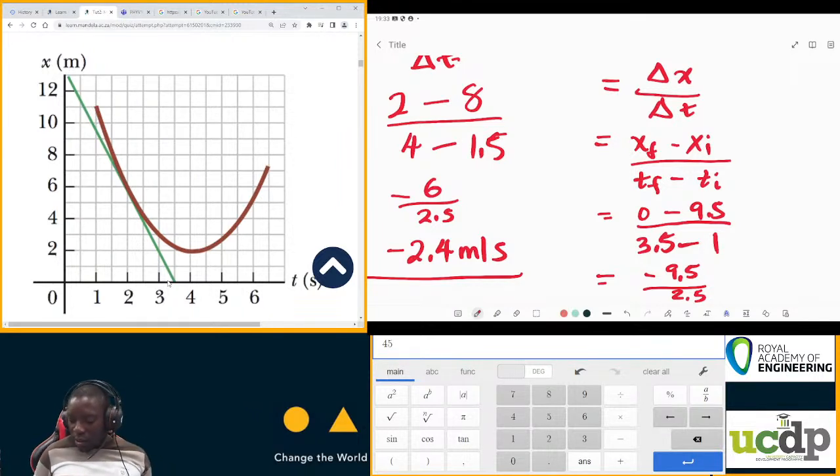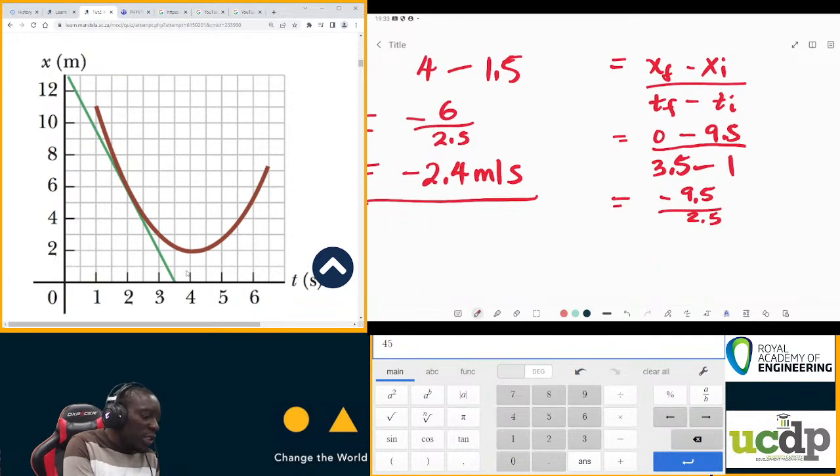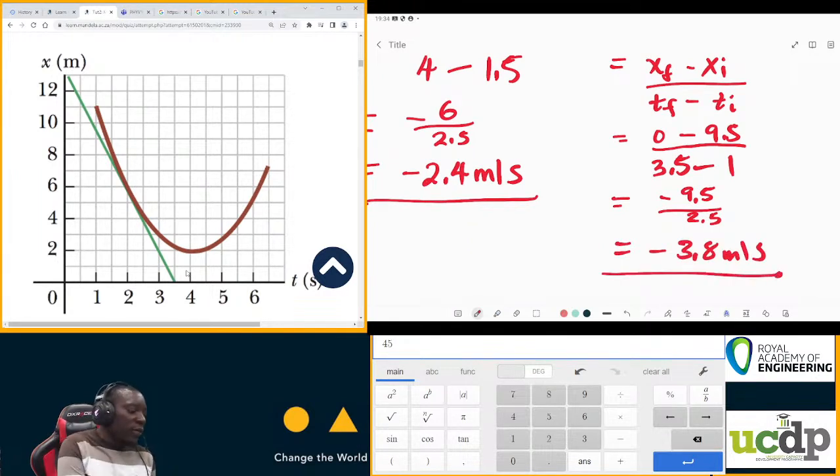And you can calculate that. Let's see what that gives us. Negative 9.5 over 2.5 gives negative 3.8. So we get negative 3.8 meters per second for the instantaneous velocity. It's also in the negative direction.